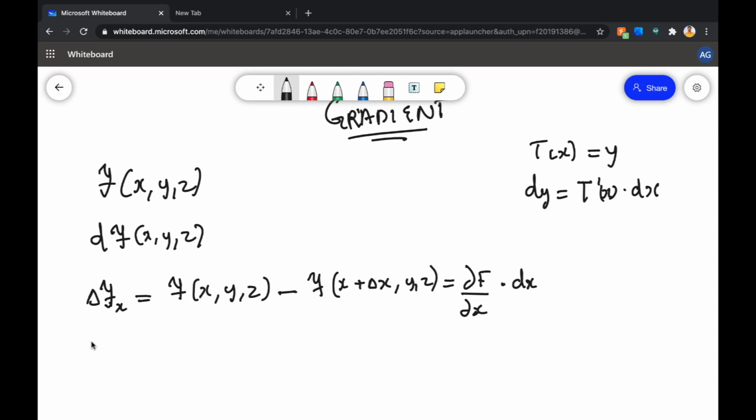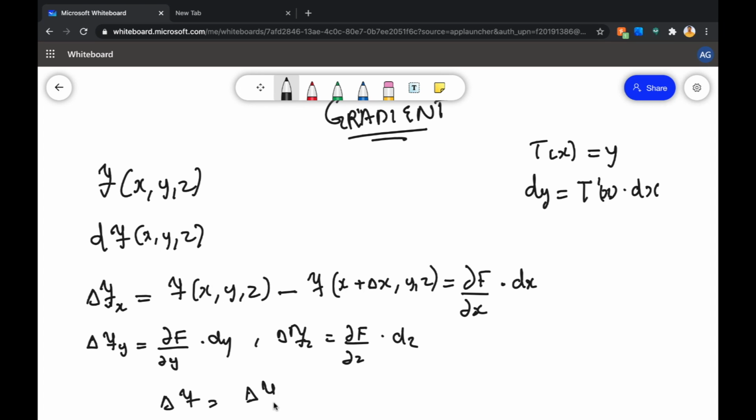So this would be my delta f of x. Similarly, delta f of y would be del f by del y dot dy, and delta f of z would be del f by del z dot dz, and the total change would be nothing but the summation of all these three.